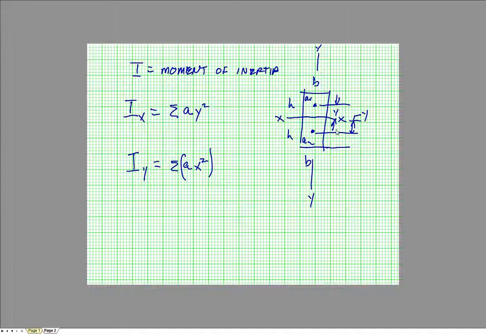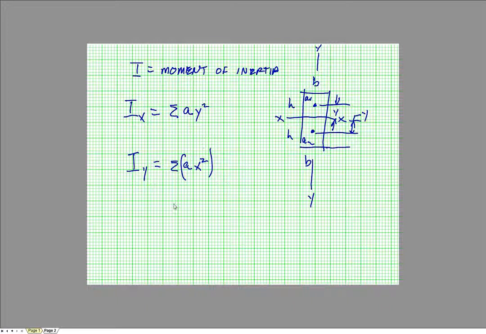So each area is multiplied by its moment arm, which is the distance to the centroid, giving what is called the first moment. Then again, multiply by the moment arm, and that would give the second moment, the area moment of inertia.